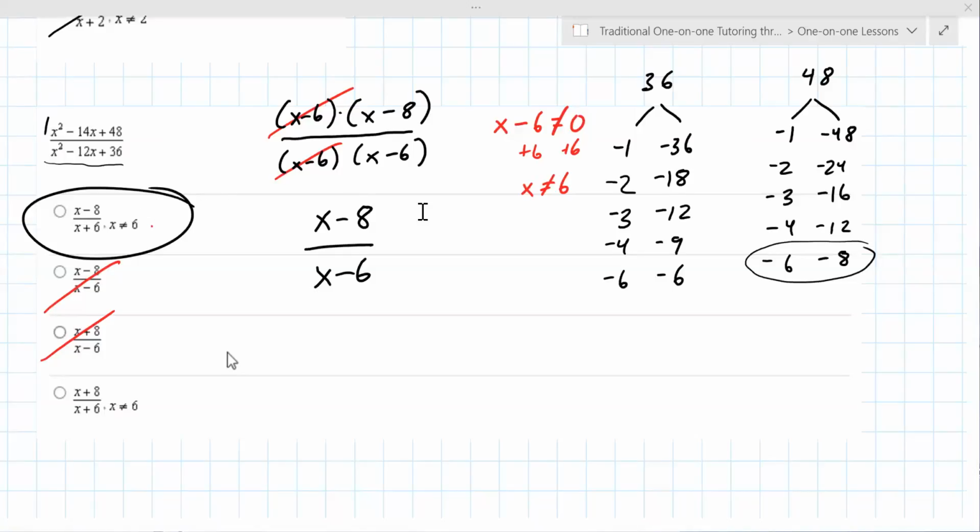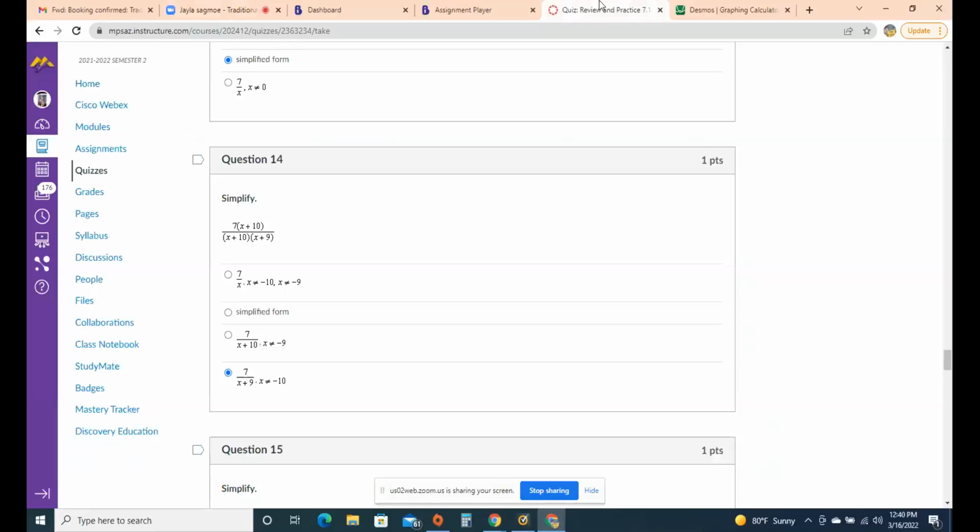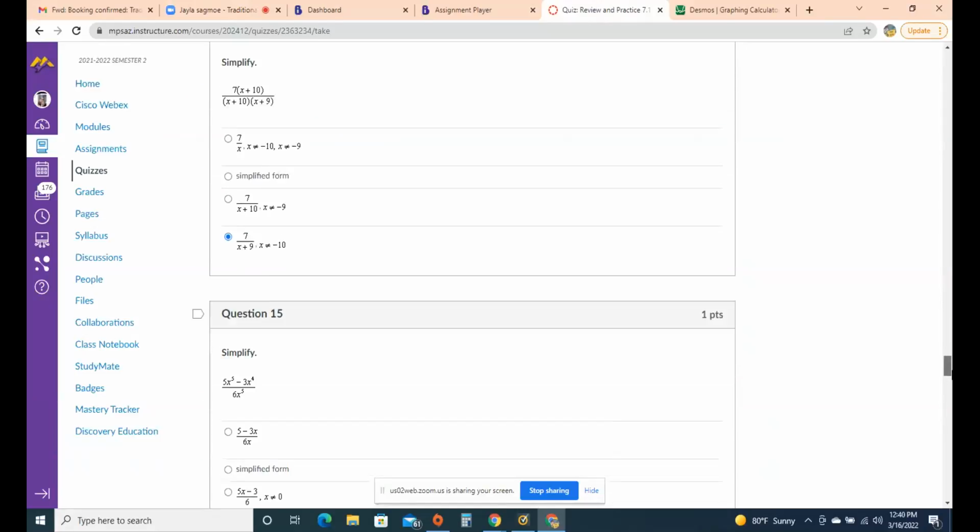So in your problem, you're going to set X plus 10 not equal to 0, because that's the thing you canceled on the top and the bottom. Right. So go ahead and share your screen back, please. That's perfect. Okay. Cool.